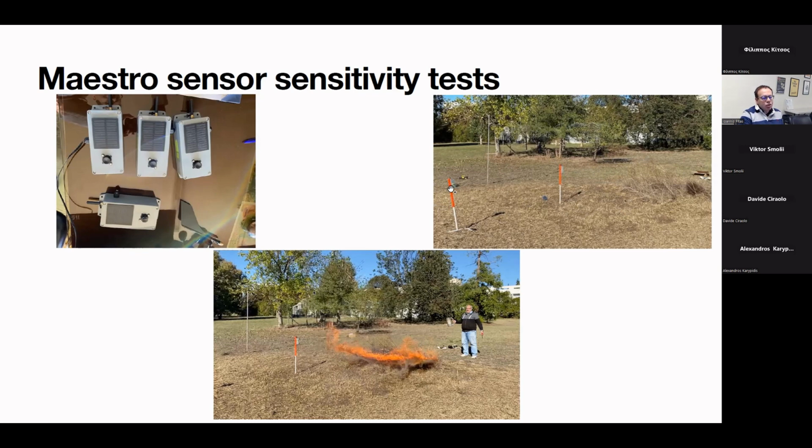We have sensor nodes placed at different heights. The experiments that we made were in order to study the sensitivity of the different sensors. These were the first experiments on sensor sensitivity, and we have replaced the flame sensor with the smoke detector sensor, and we're going to repeat the experiments in the field.